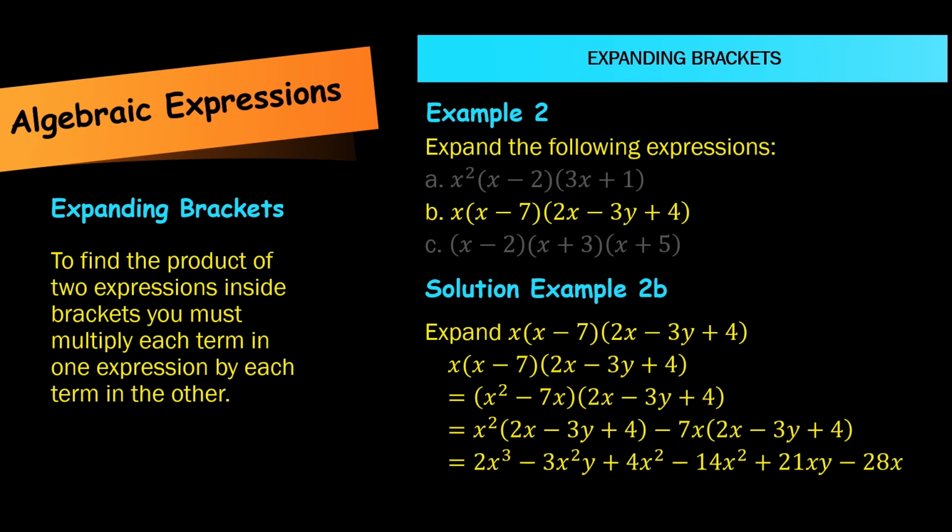And now let's tidy up our expression. 2x cubed, the x squared y term, and the x squared terms are gathered together, the xy term, and the x term.